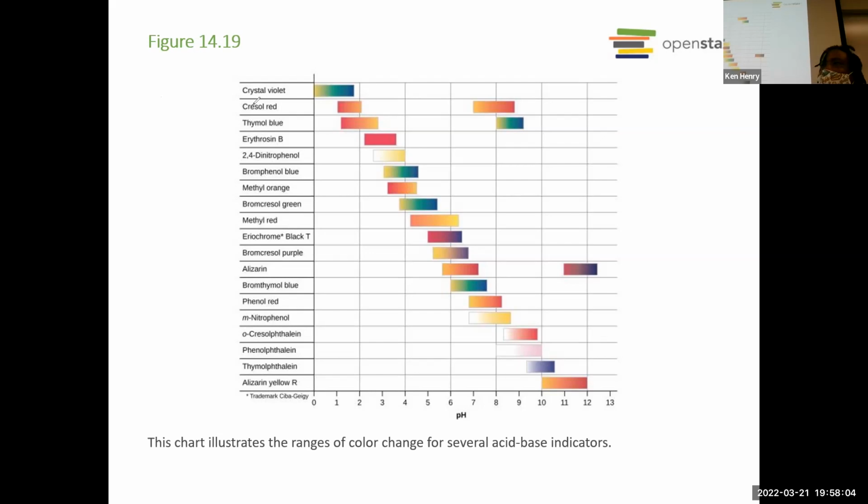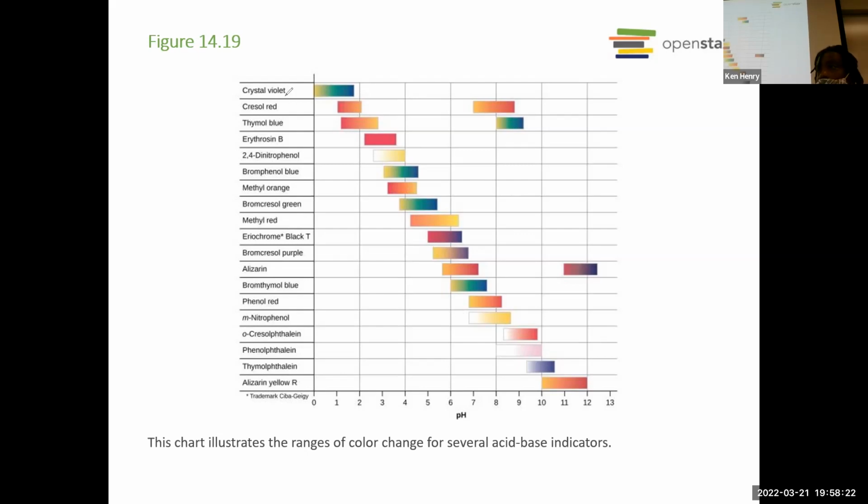Yes. Okay. So you guys can see here, these are various indicators that are currently on the market. This here is basically an indicator that we use in the lab. It's called the universal indicator, which has a combination of all of the different dyes all together. Right.